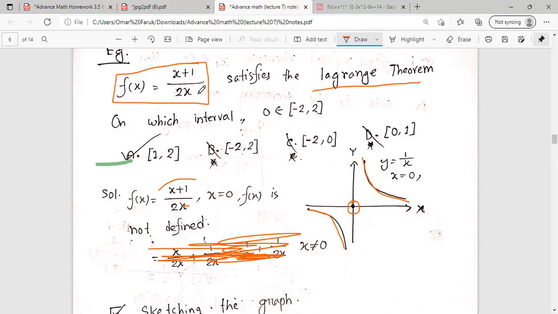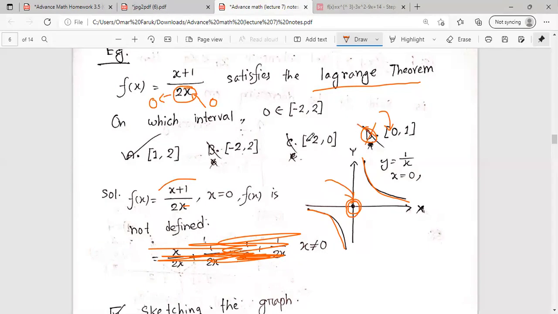So we have x plus 1 by 2x. Firstly, you have to think in which value the function is undefined. If x is equal to 0, then the denominator becomes 0. And we know that if the denominator is 0, then this function is undefined. Also you can see in the graph, when x equal to 0, this function has no value. So now we know that we cannot take 0. Look at option D. We have 0 here.